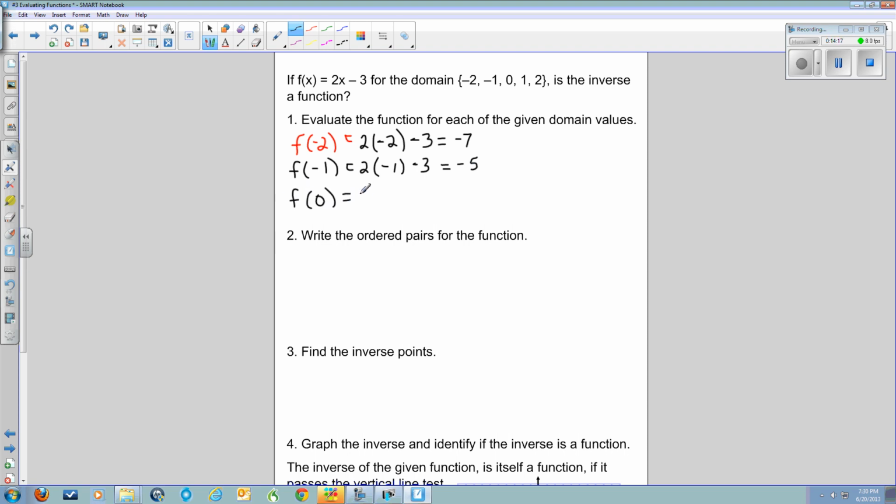F of 0 means you're saying 2 times 0 minus 3, which is just negative 3. F of 1 means that you're saying 2 times 1 minus 3. 2 times 1 is 2, and 2 minus 3 is negative 1.